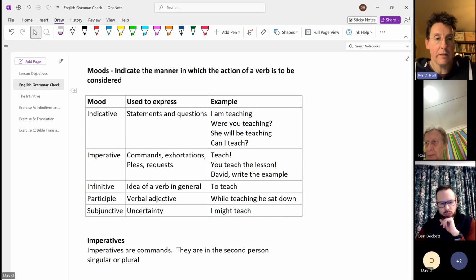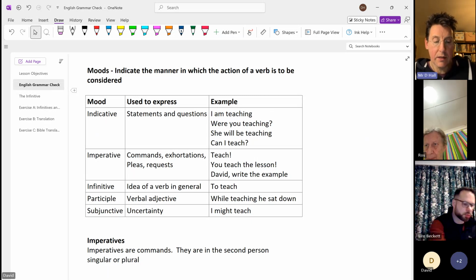And then there are some other moods. So the imperative, which we've now looked at and just reminded you: the commands or exhortations. So something like teach, or you teach the lesson. You're being instructed to do something. Then there is the infinitive, which we're going to look at today, which is just, in one sense, the uninflected form of a verb, just the general idea of a verb. And we'll see how it's used in lots of different ways, actually.